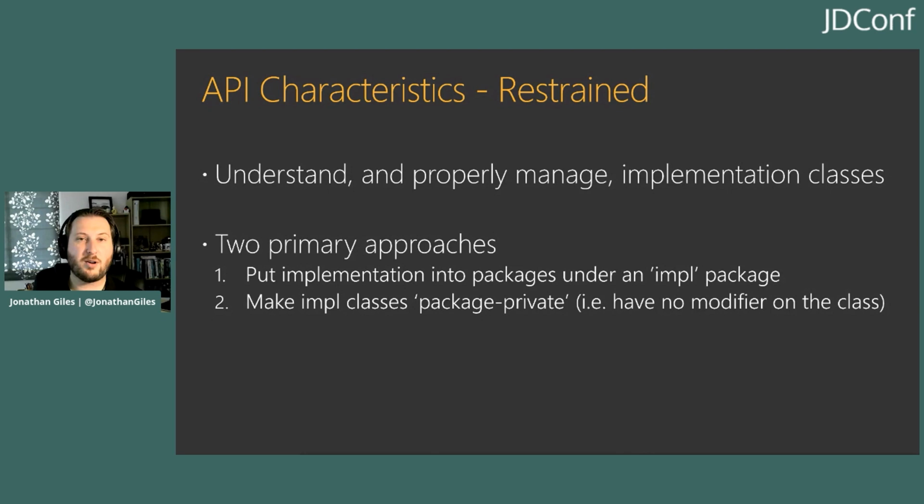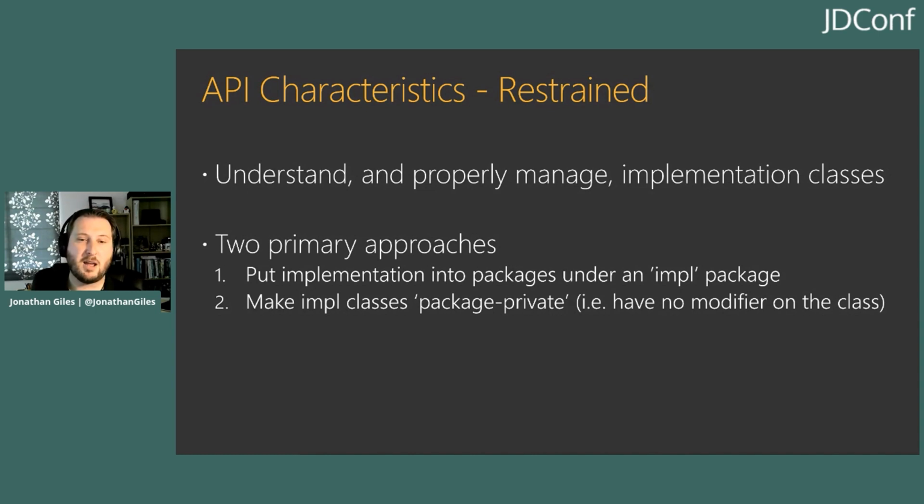It's really important, though, to have tooling that checks against leaking of implementation classes through your public API. So in the Azure SDK team, we've got Checkstyle rules that validate that any return type or any argument into public API is not something that exists inside an implementation package. We also have our Javadoc tooling not generate the Javadoc for any of the implementation code. And we've got two choices on how we do this.